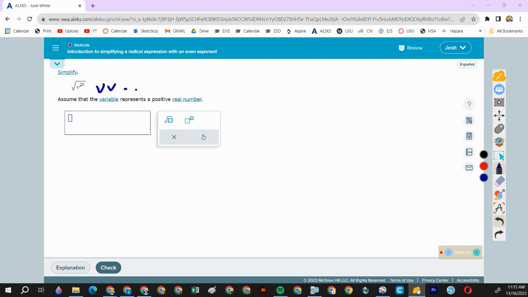So I have 20 of those. How many sets of 4 does that make? 5. What if it was 23? It would be v to the 5th on the outside. Oh, this is a square root, sorry.